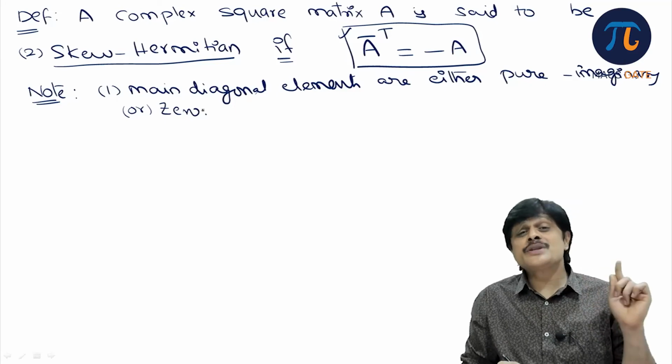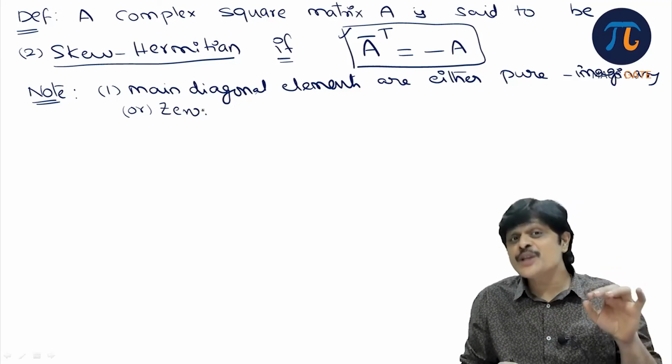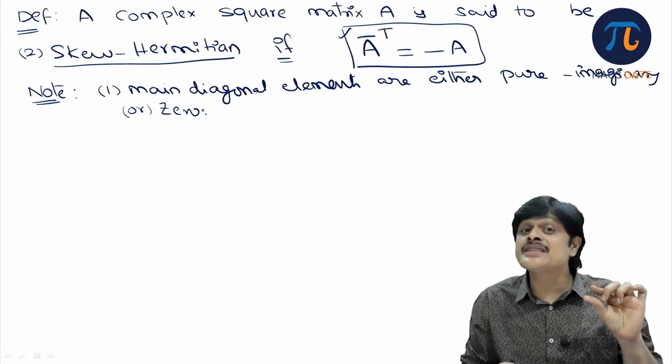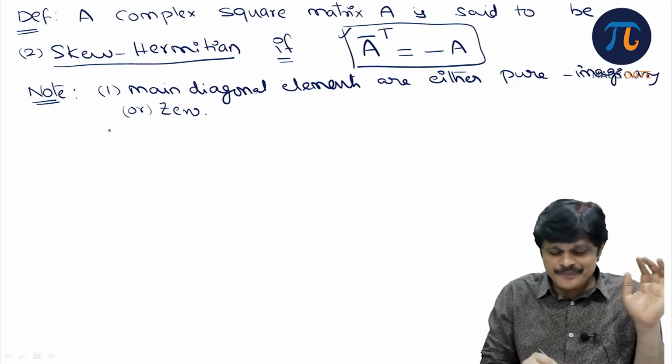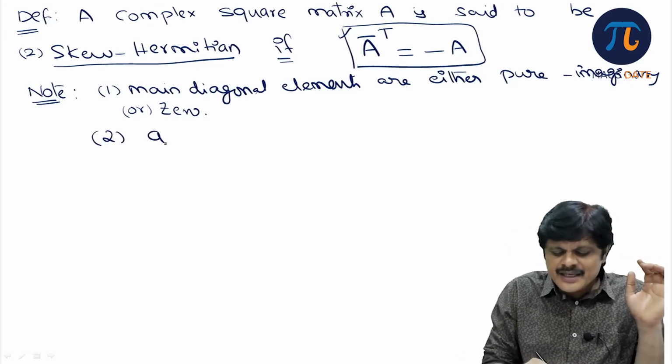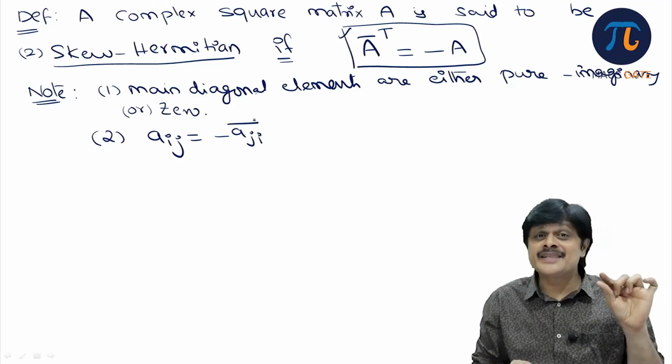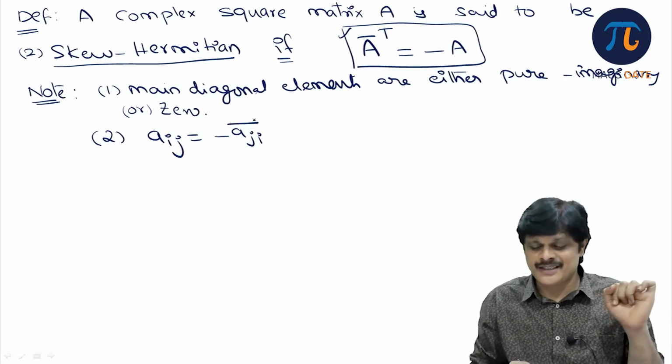See, for a skew symmetric matrix, main diagonals must be 0. But for skew Hermitian, main diagonals must be either pure imaginary or 0. And the second condition is aij is equal to minus aji conjugate.